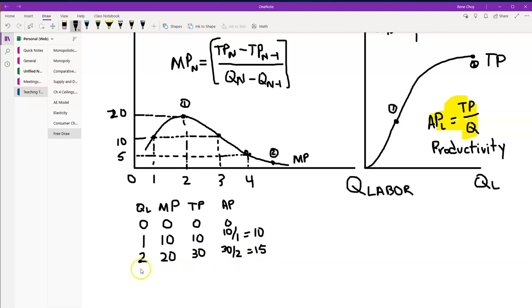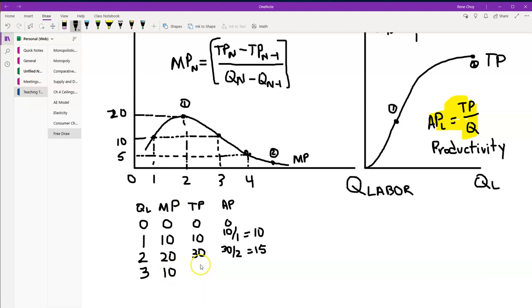All right, if I hire my third worker, notice that because of the law of diminishing marginal returns, my output per worker peaks at a certain point and then it decreases. So now my third worker gives me the same amount of product as my first worker did. So my marginal product of that individual is 10.